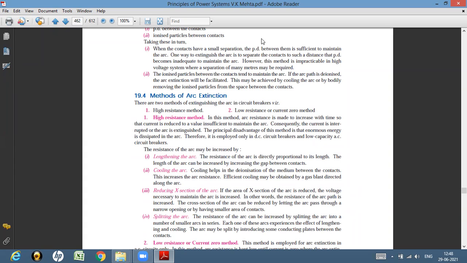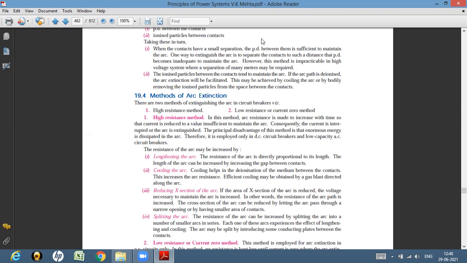So by adopting these four methods, that is lengthening of the arc, cooling the arc, reducing the cross sectional area of the arc, and splitting the arc, you can achieve the high resistance method. And when a high resistance is obtained, it effectively reduces your current, and hence the arc will extinguish within the minimum possible time.